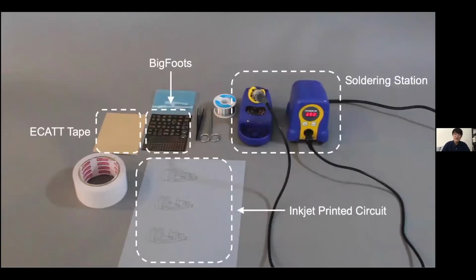Therefore, we offer a fabrication technique that can produce a relatively low fidelity prototype using prefabricated PCB footprints, which are essentially slightly bigger SMD footprints for better connection, and silver inkjet printing, which can be done immediately on export.